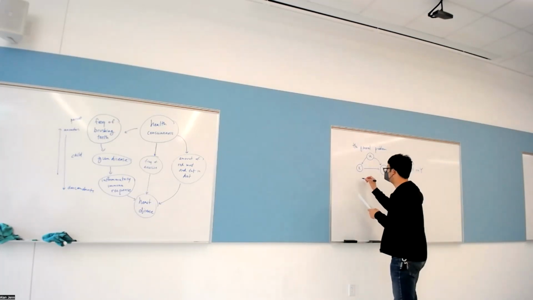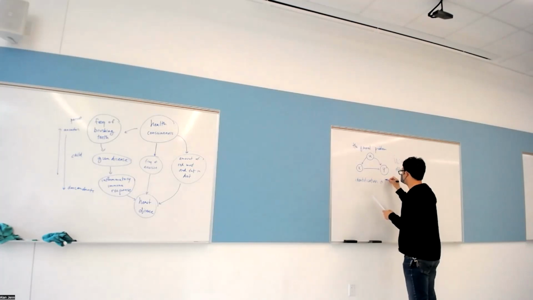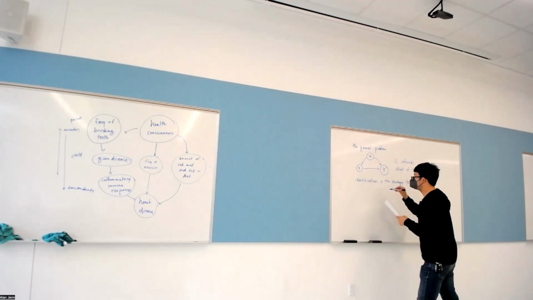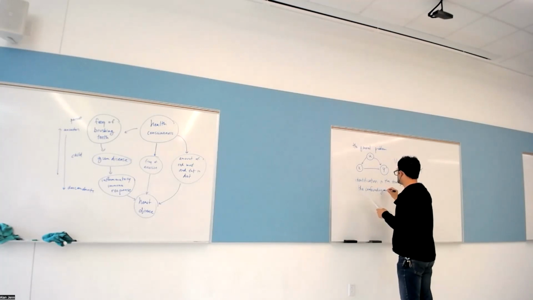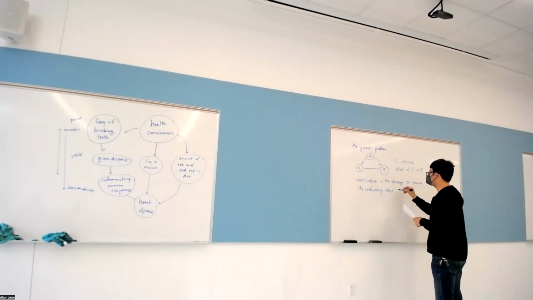In general, we think about something called identification, which is the strategy to remove the confounding effect and determine the causal effect.